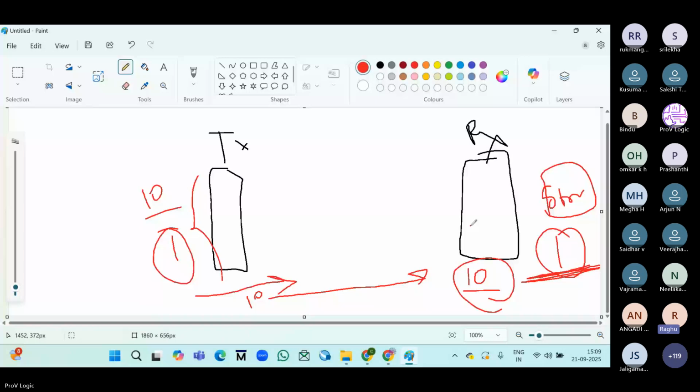Based on how many flip-flops we are using. Then what is meant by a flip-flop? A single bit storage element. It will store only a single bit.